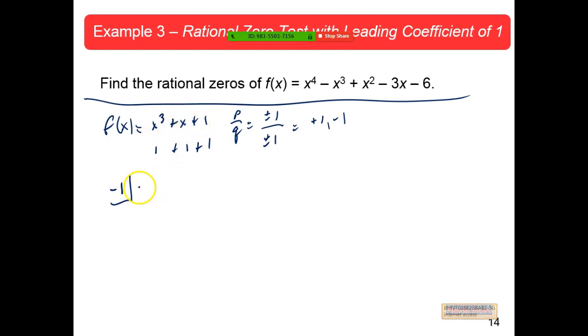What would they be? You tell me. Coefficients of that polynomial. Coefficient here is 1. No, coefficients. 1.